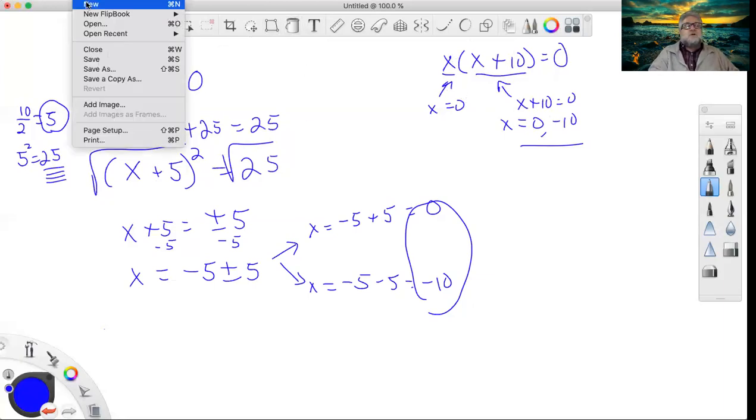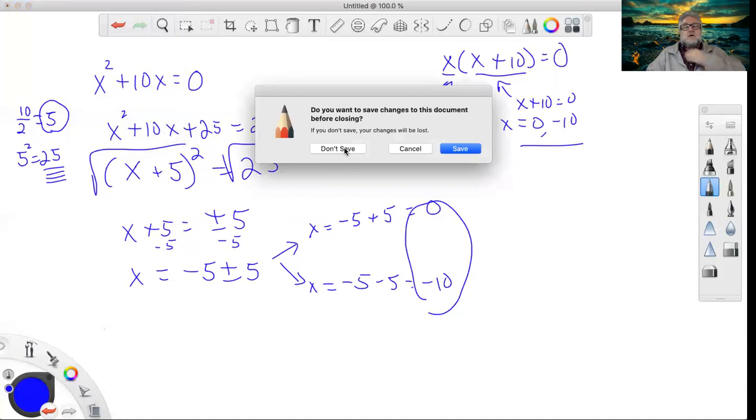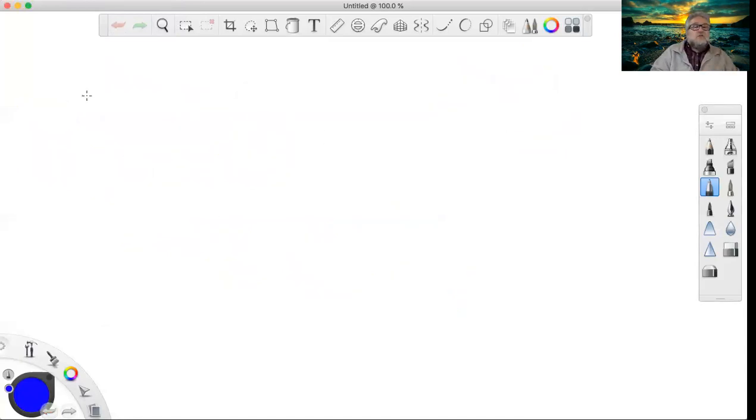So let's try another one. Here is 4x squared minus 20x plus 17. This looks really inconvenient. So get everything on one side: x on one side, everything else on the other.